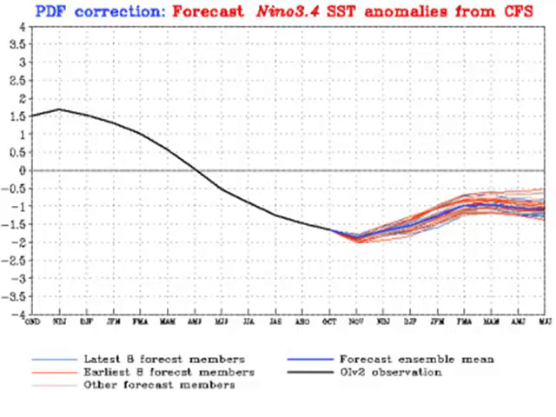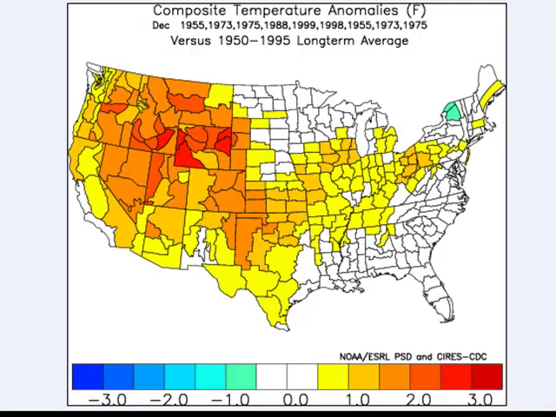The analogs that I picked were the winters of 55-56, 73-74, 75-76, 88-89, 98-99, and also 99-2000. Those are the winters I picked for analogs, and I weighted the analog years from the 50s and the 70s more than the other years for a couple of reasons.